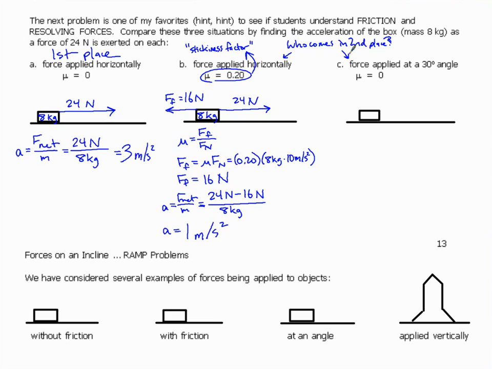In part C, we have a force that is applied at a 30-degree angle, meaning 30 degrees to the horizontal. 24 newtons, and that's 30 degrees to the horizontal. So we have a horizontal component, we have a vertical component, and the box is mass 8 kilograms.